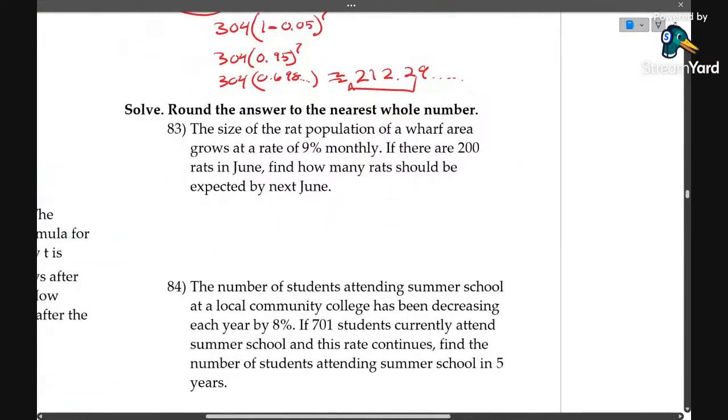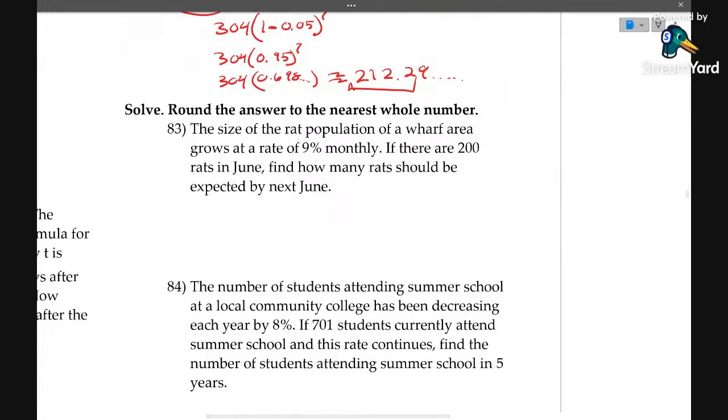So here we're given, again, a growth. We have a percent growth. That's our exponential. We have a rat population that grows at a rate of 9% every month. If there are 200 rats in June, how many rats should be expected by next June? So that will be 12 months later.